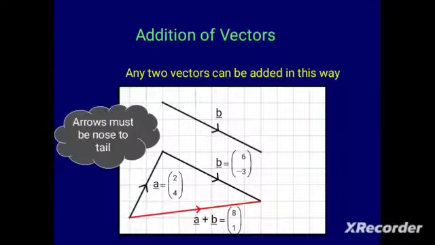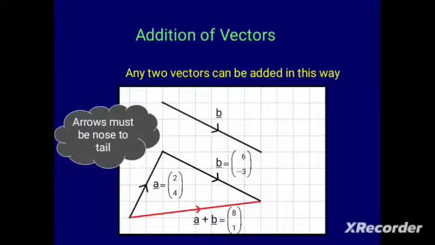The most important thing here is that the arrows must be nose to tail. When we were joining vector B to vector A, it was nose to tail. That is the concept we are going to use here: the nose of B to the tail of A.